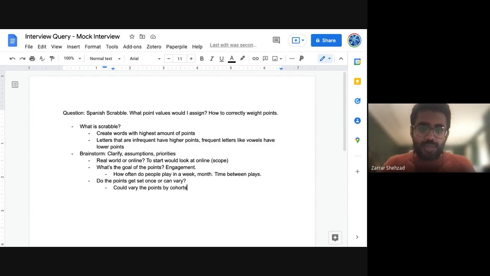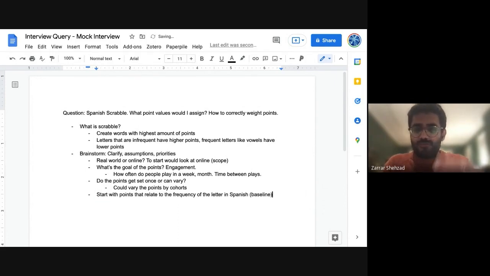So to start with, maybe we can start with points that relate to the frequency of the letter in Spanish. Yep. I think there are a lot of details to that, but this could be a starting baseline.